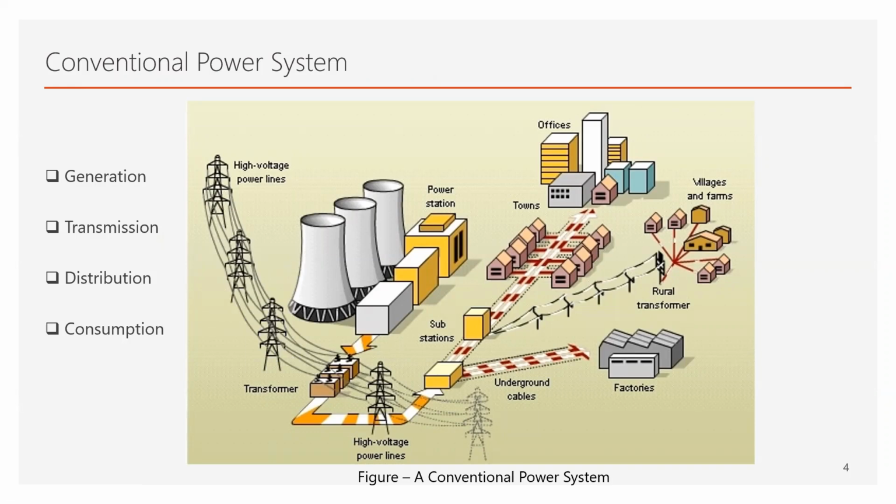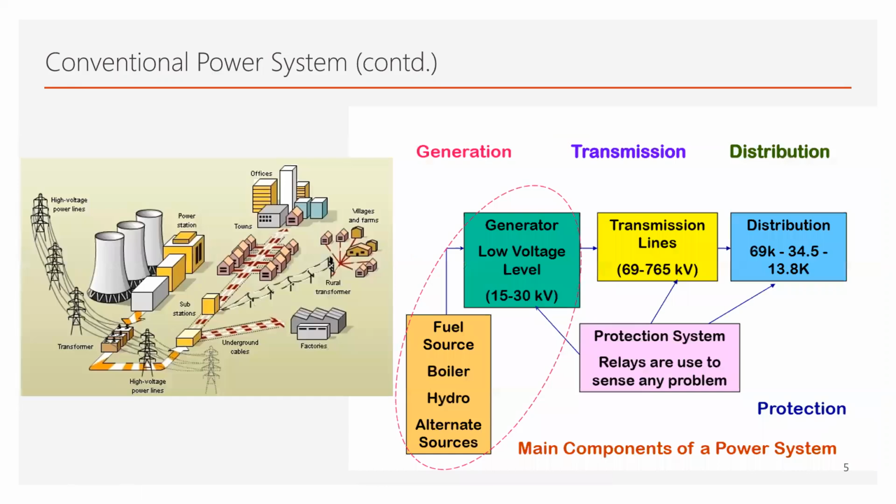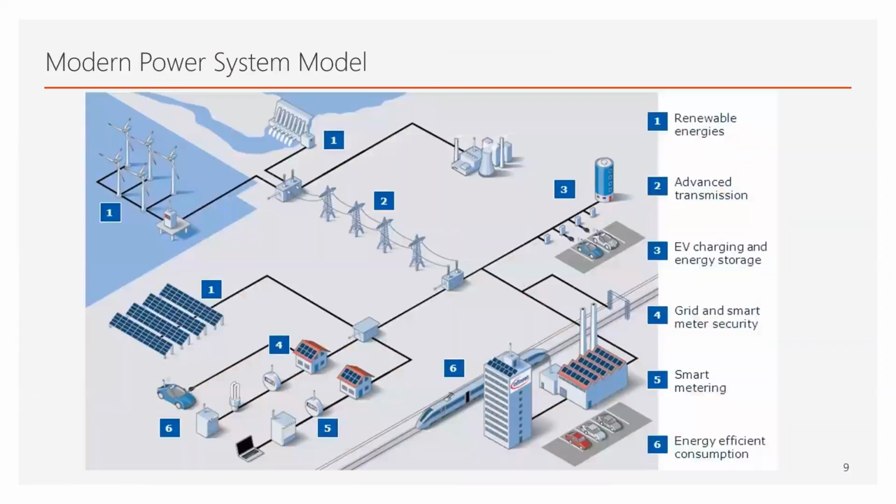A 3-phase power system will have 3 lines, and if it has a neutral, then we can say it has 4 cables. But in a DC system, we will only have 2 cables. So if we compare an AC transmission system with a DC transmission system, we'll see the number of cables will go down. So in this example, in an advanced transmission system, you see a DC transmission system.